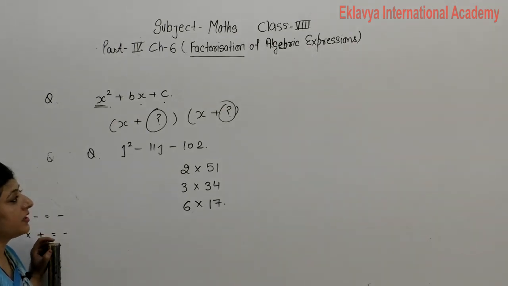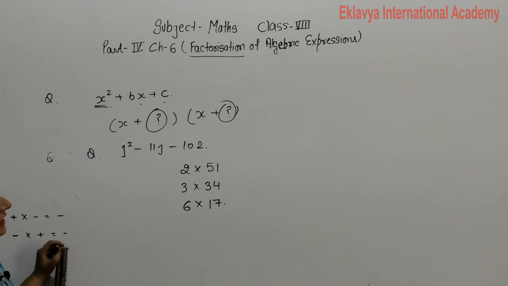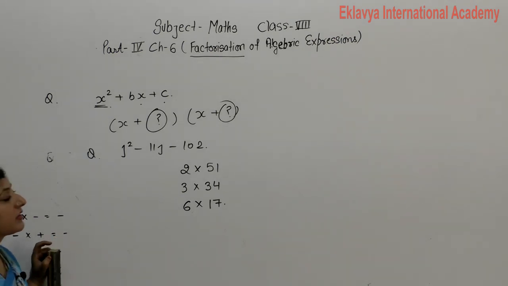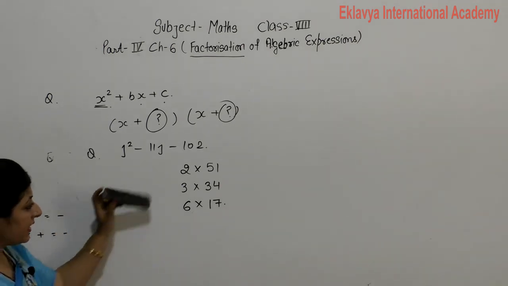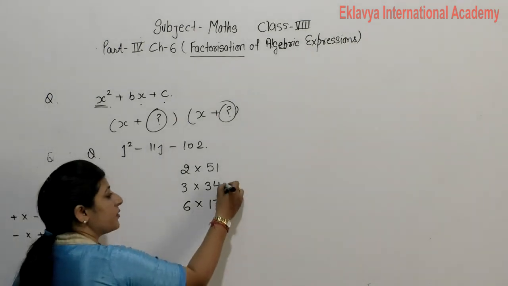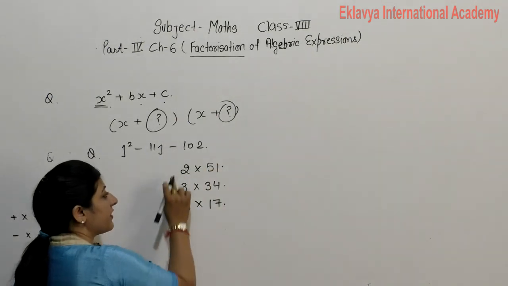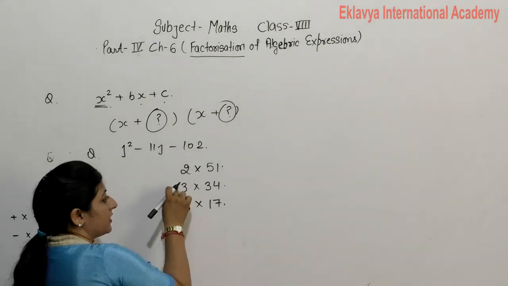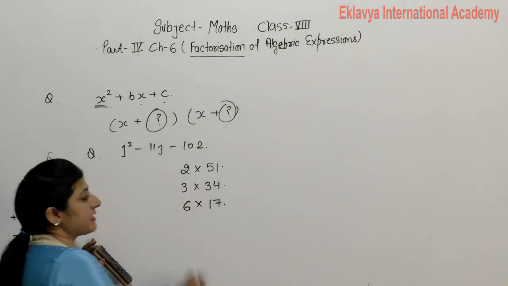12 table not, 13, in 13 table also we can't find it. It means we will get these terms. If you see properly, 17 twos are 34, 17 threes are 51, 2 ones are 2, 2 threes are 6.